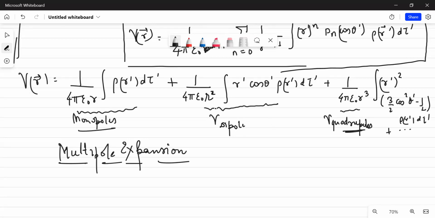Potential for dipole is proportional to 1 over r square here, because whenever the integration limits are introduced, this will become some constant. So overall, you can understand this particular sort of expansion is referred to as what you know as your multipole expansion. Is that clear to you?